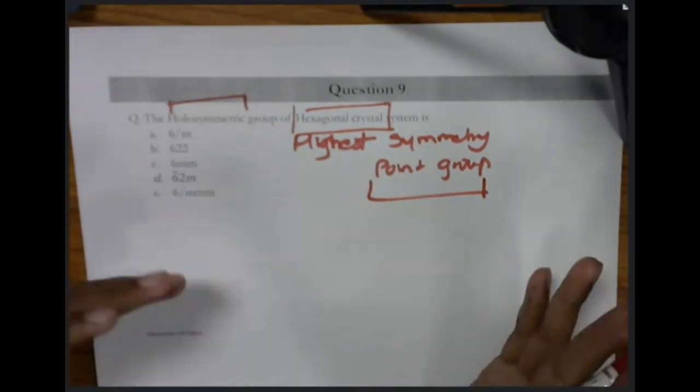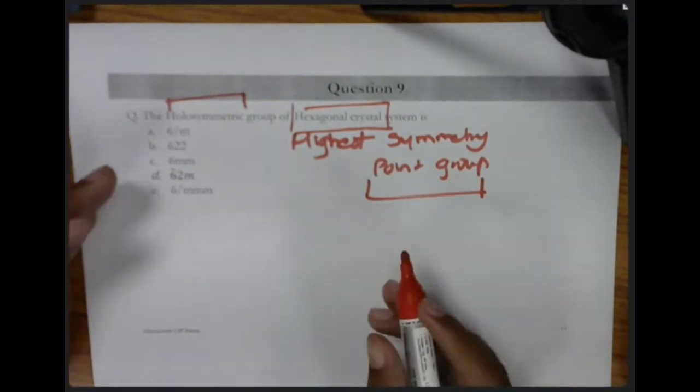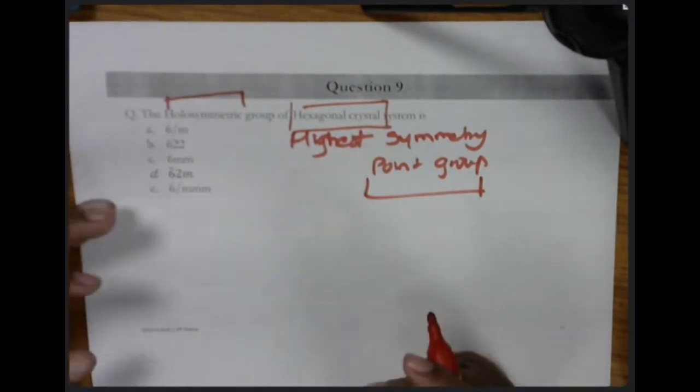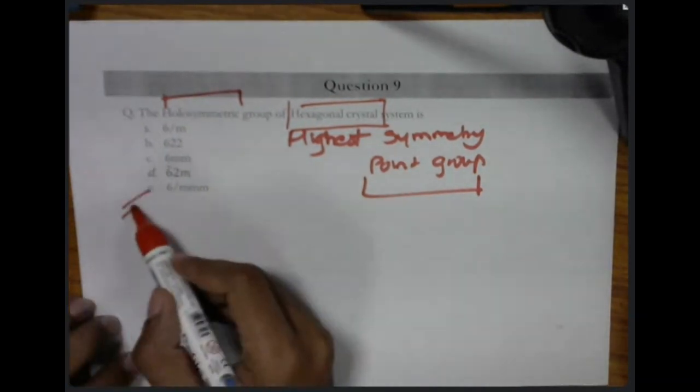Since it has the highest symmetry, if we take any general position, it will produce more points. So its stereogram will have the highest number of points. This is one of the thumb rules we can follow, and if you do so, you will get that this particular point group has the highest one.